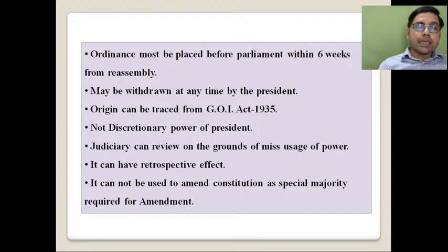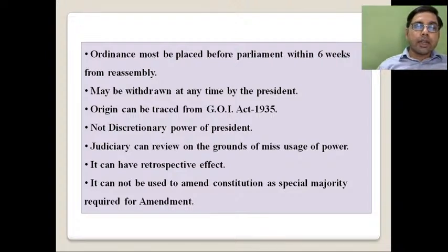But any such ordinance shall cease to be in force on expiry of 6 weeks from reassembly of both the houses of parliament unless it is approved by parliament. ऐसा कोई भी ordinance पार्लियामेंट की रीअसेंबली के 6 वीक के अंदर पार्लियामेंट के फ्लोर पे रखा जाएगा, और अगर पार्लियामेंट ने इसे अप्रूव कर दिया, तो it will become a regular law.